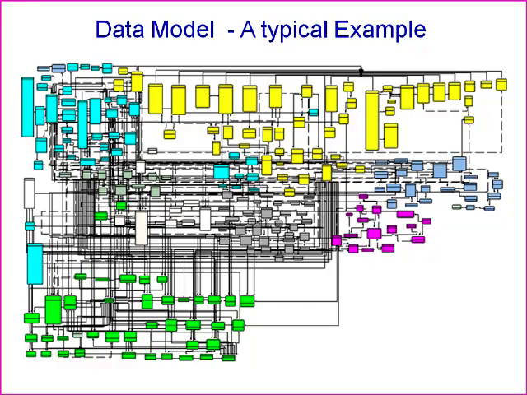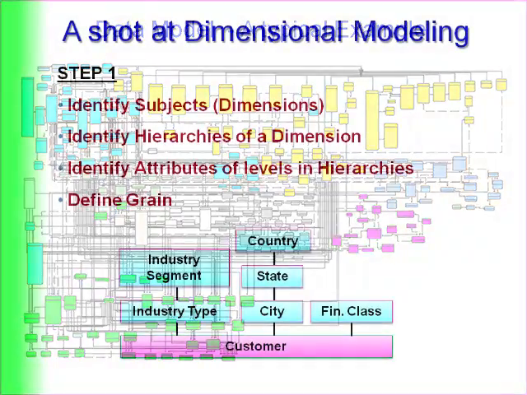So observe how the interaction is made across different dimensions and facts within an organization, pictorially shown here. This is a fact table, this is another fact table, these are several fact tables linked here.